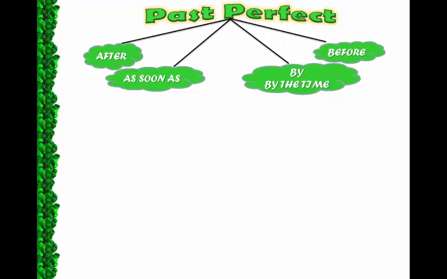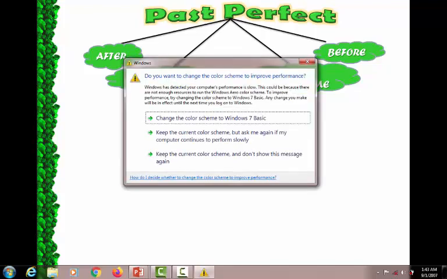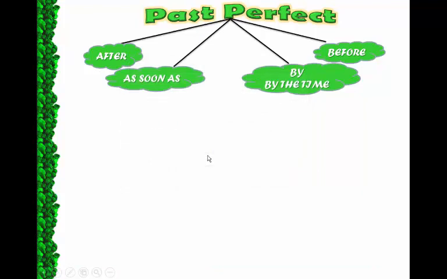So after or before, as soon as, or by the time. These words help to arrange the actions or the situations that happened in the past. All the situations happened in the past, but we need to arrange them, which happened first and which happened later.